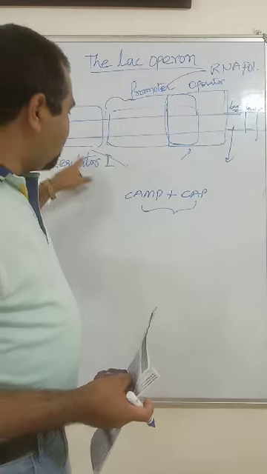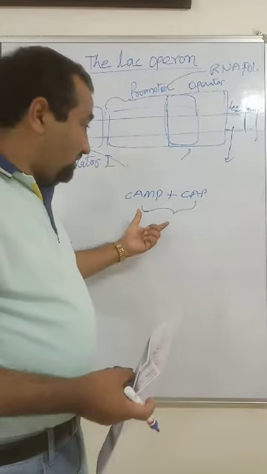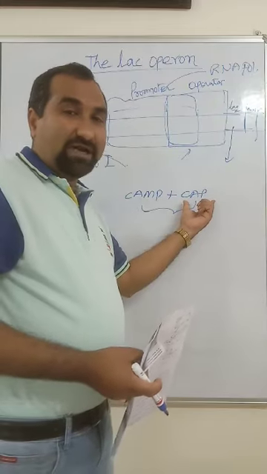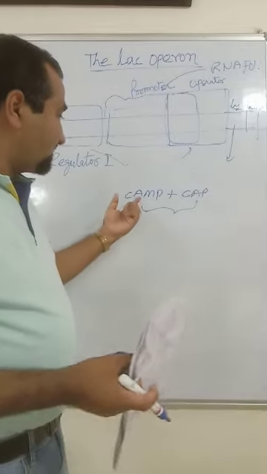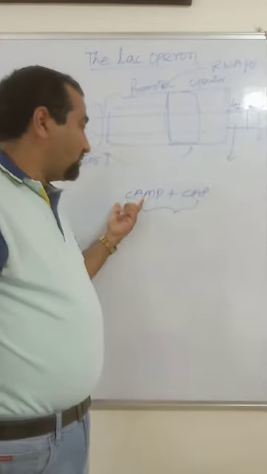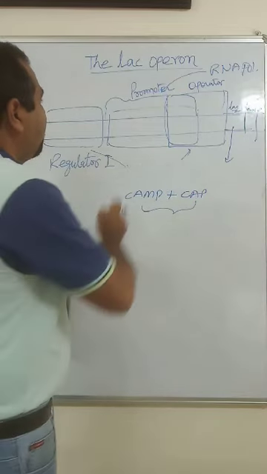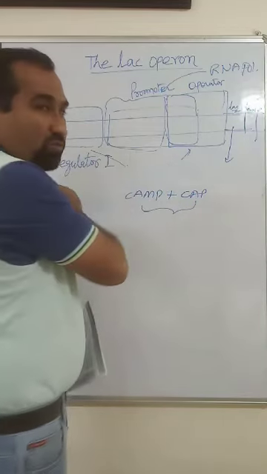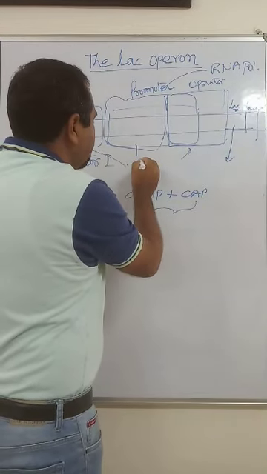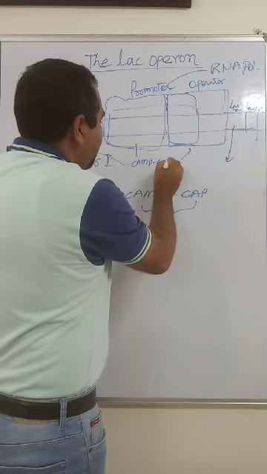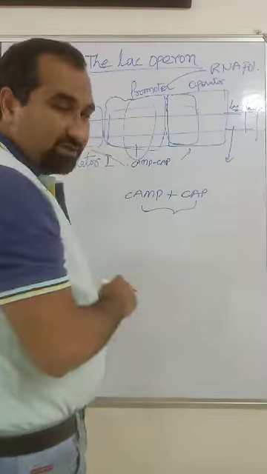Even if the regulatory gene product, the repressor, is present, this catabolite activator protein makes a complex with the cyclic AMP molecule, and then this complex binds at this particular zone of the promoter. So here is the cyclic AMP-CAP complex binding site, just after the regulator gene.